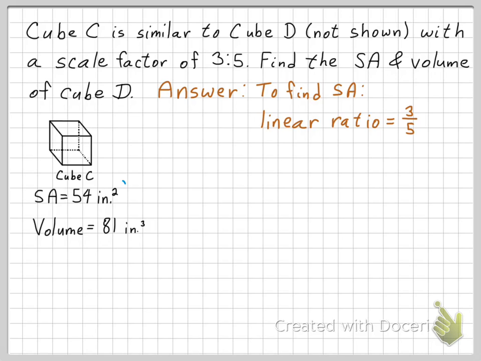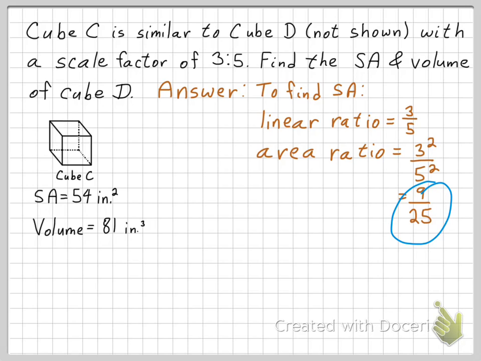So I'm trying to compare this area with the area of cube D, the unknown. I cannot use this ratio of 3 to 5. I have to use the square. So I have to use the area ratio, which is 3 squared over 5 squared, or 9 to 25. That's the ratio I will use to compare areas.